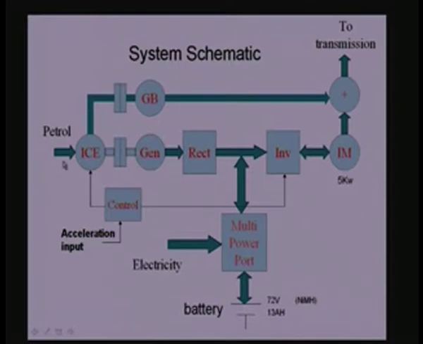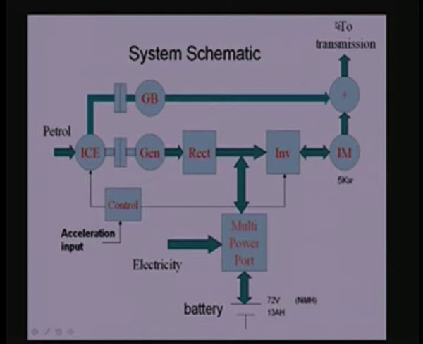So, the petrol is driving, let us say, an ICE engine, internal combustion engine, and let us say the output of that is connected to a generator, alternator, which is rectified. Now it is in the electrical domain, it is charging up the battery here, or it can go through the inverter and drive an induction motor to the wheels, or conventionally, it will drive an IC engine and through a gearbox, it goes directly to the wheels.